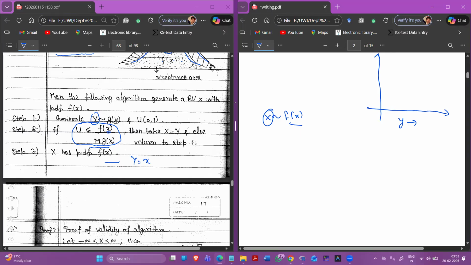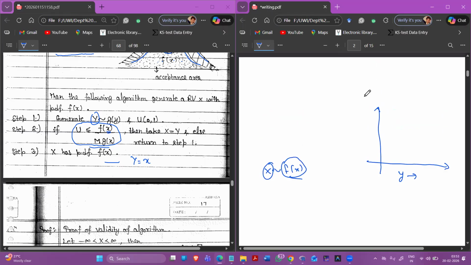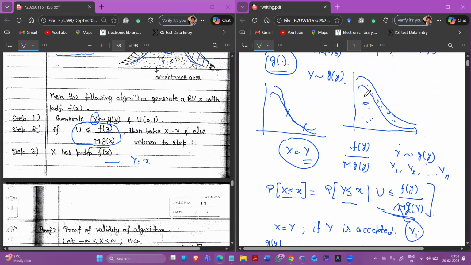I will plot my density function. I can draw my density function for the given values of the parameters. I find that my density function looks like this. This is the graph of my density function.